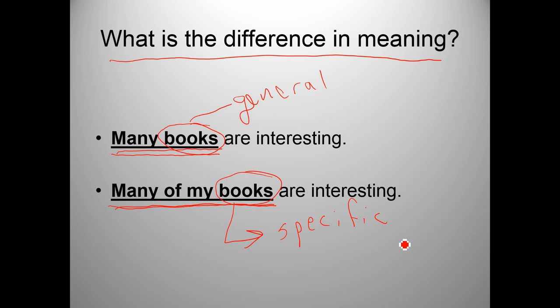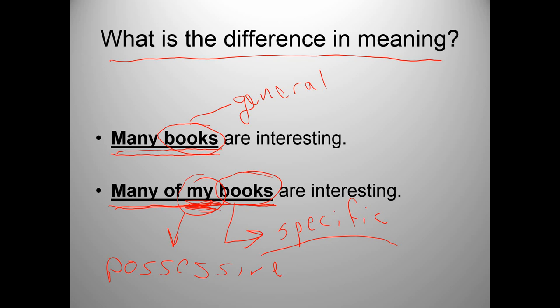Now, what word makes it specific? The word is my, and that is a word that gives us the possessive. Some other words I could use here would be many of my books, many of his books, many of your books, many of our books, many of their books.